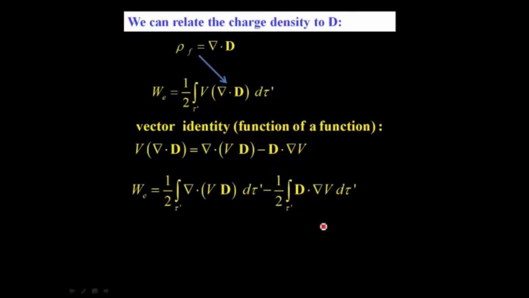We can relate the charge density to the displacement vector. If you remember, the free charge density is equal to the divergence of the displacement. We can put that in for rho sub f right here, and so I've just switched the order. Here's V times the rho sub f. So now we'll use a vector identity, which is basically a function of a function. So here we have a function times a vector, and we're taking the divergence of that.